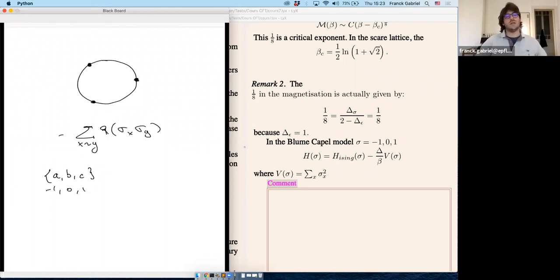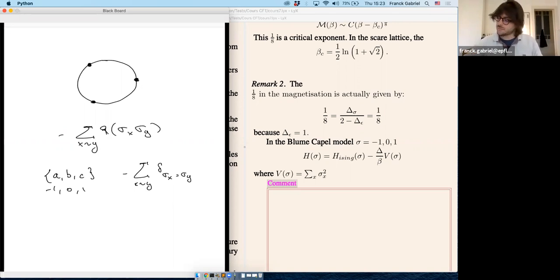So it's really equivalent to look at a spin which takes 3 different values, and with a Hamiltonian of the following form, you just ask sigma x to be equal to sigma y. Okay. So you can really see that indeed, if I write it like that, they really want to align. Okay. And so again, I have a second order phase transition.